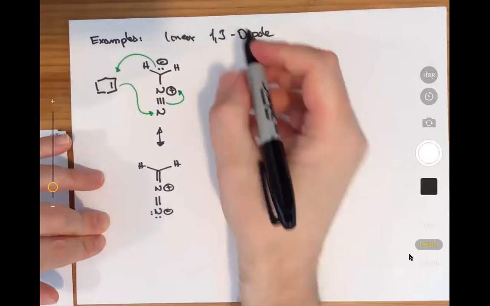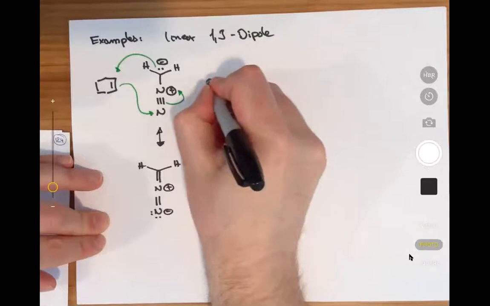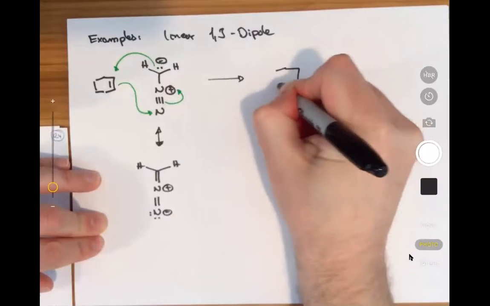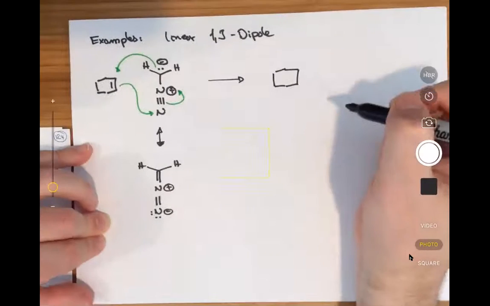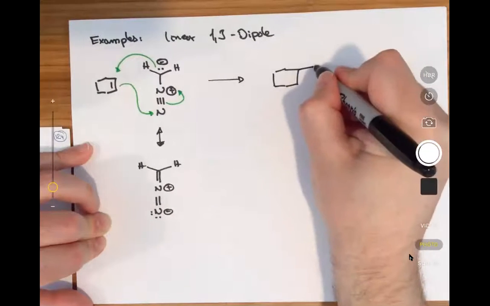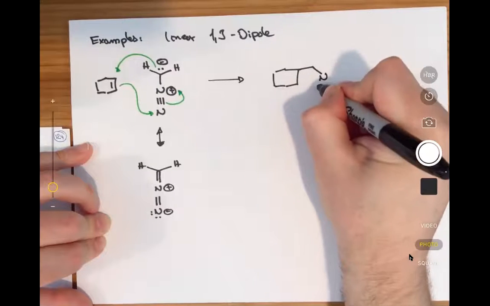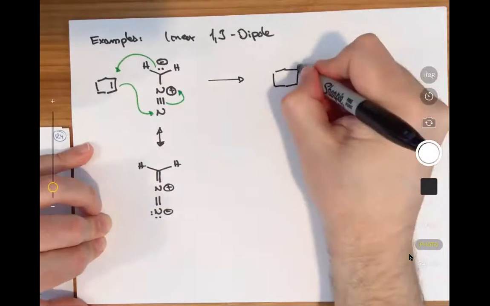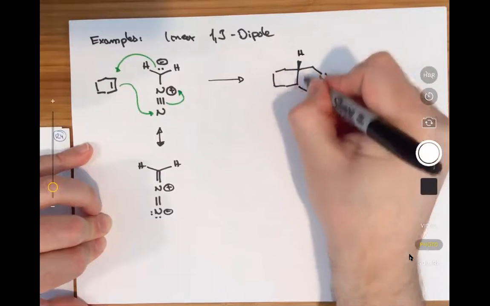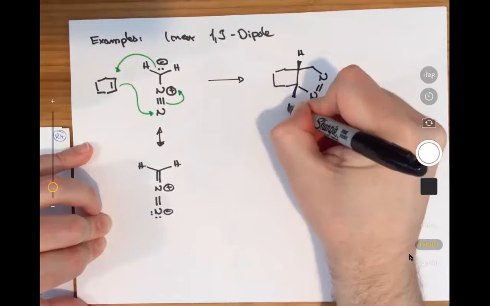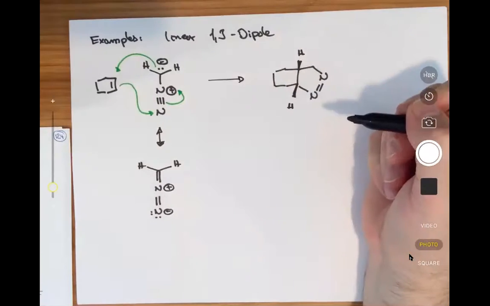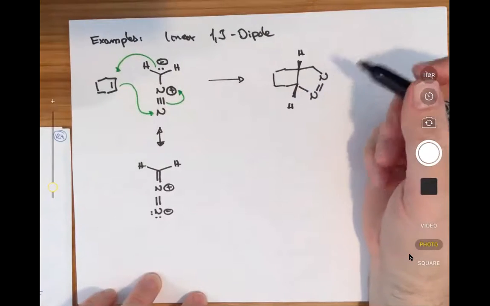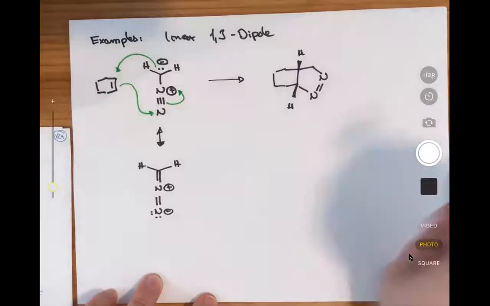And the product of this reaction would then be an annulated ring system where you have a 6-membered ring like this, and then you have this fused to a 5-membered ring with 2 nitrogen atoms here. So something like this, right? In the stereochemistry, the 2 hydrogens end up being on the same side. Of course, you could have done the same way as with the Diels-Alder reaction.